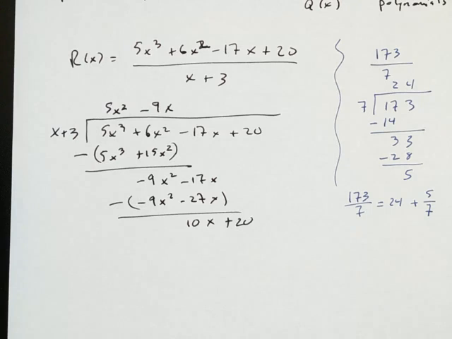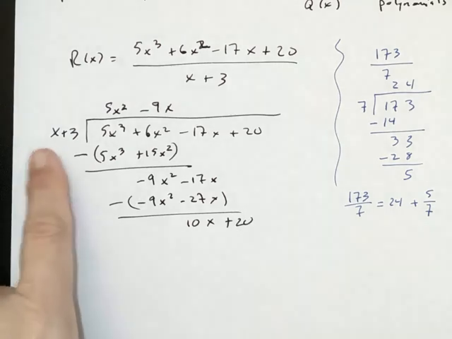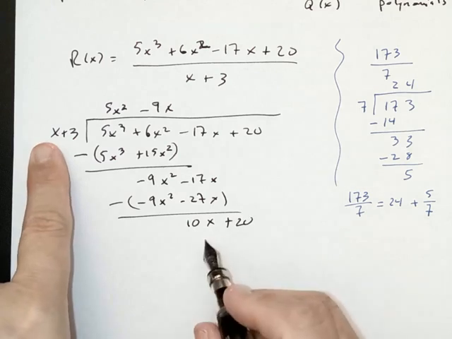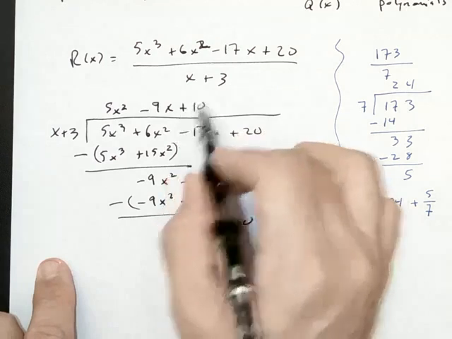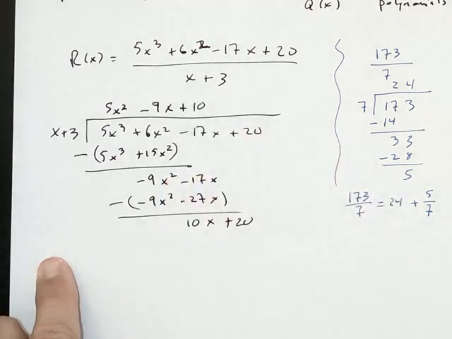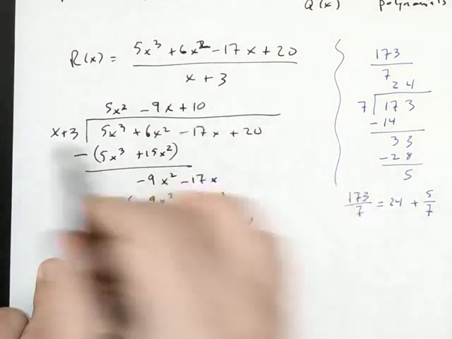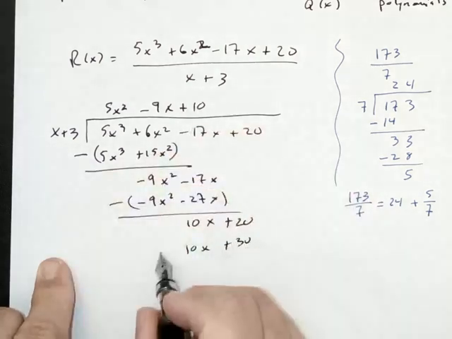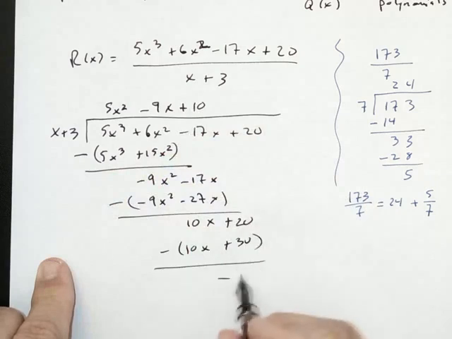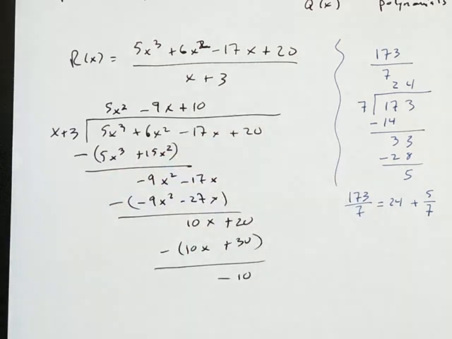One last time. Why do I know it's the last time? Bingo. The power out here and the power down here are the same. That means I'm going to get a constant up here, plus 10. I've run out of powers of x. 10 times x, 10 times 3, subtract, I get a minus 10. That's my remainder.